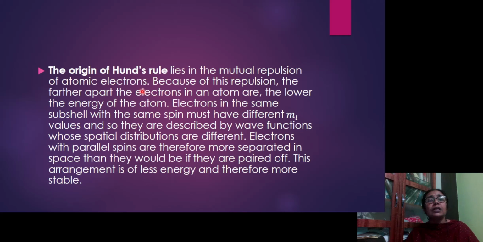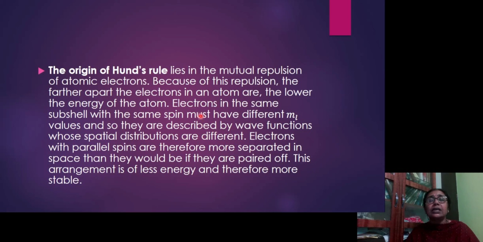Because the electrons are negatively charged particles, they will repel each other. Electrons in the same subshell with the same spin must have different ml values, and so they are described by wave functions whose spatial distributions are different.